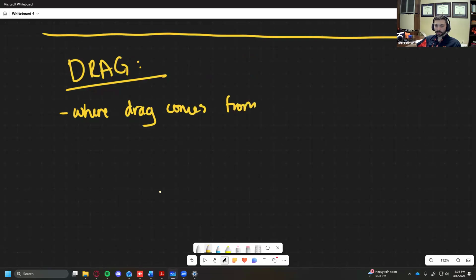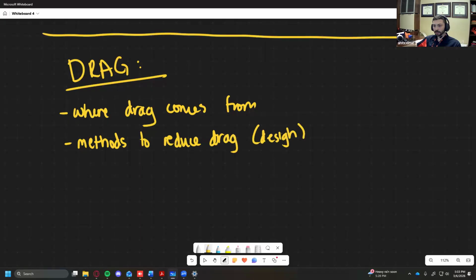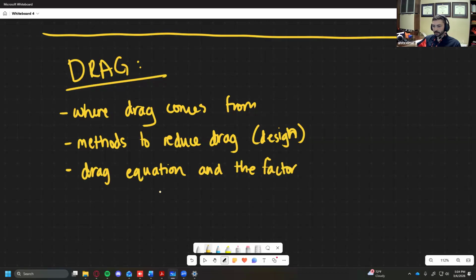We're going to talk about the methods to reduce drag from basically designing it smartly. That is an N, not an H. And then we're going to talk about the drag equation and the factors that influence it.